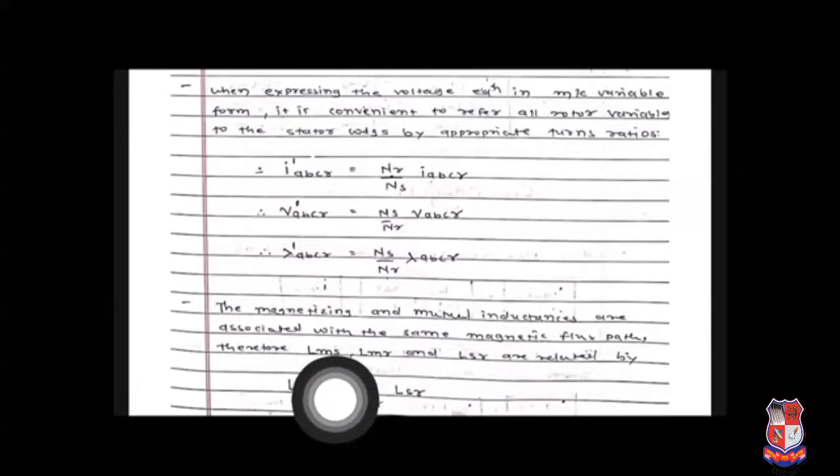So again for magnetizing inductance we can say that LMS is equal to NS by NR LSR. So the magnetizing and mutual inductances are associated with the same magnetic flux. So LMS and LSR are related by following.